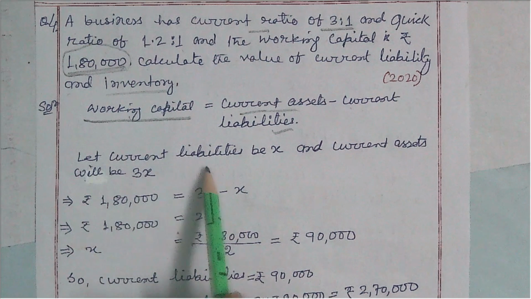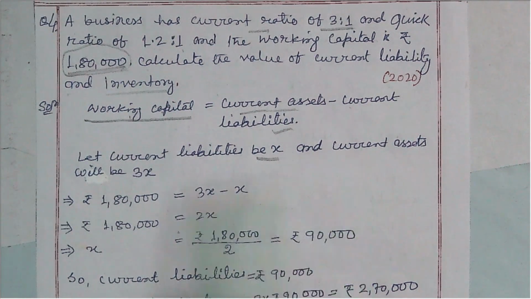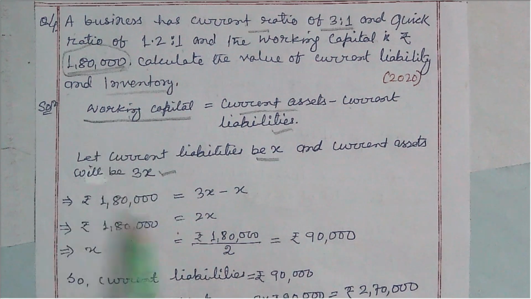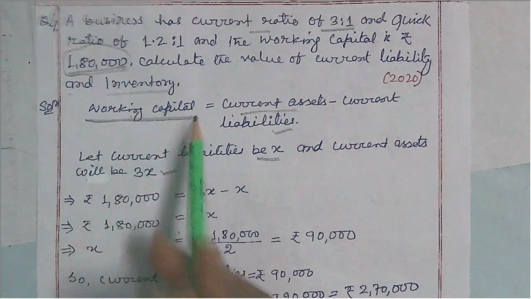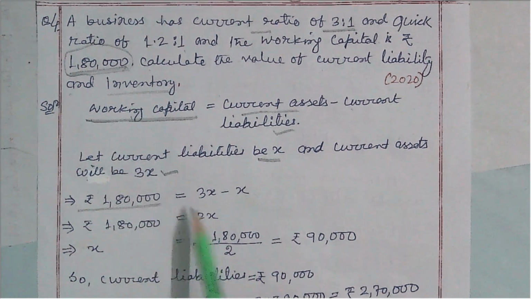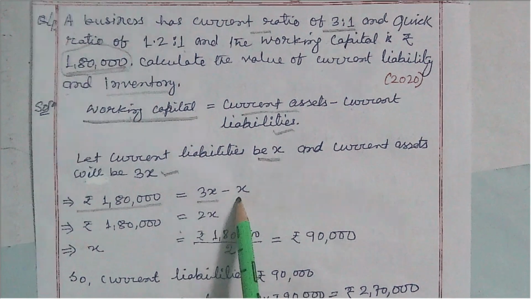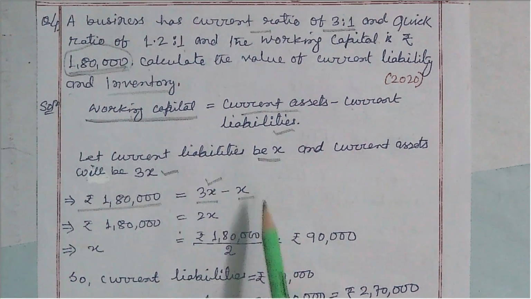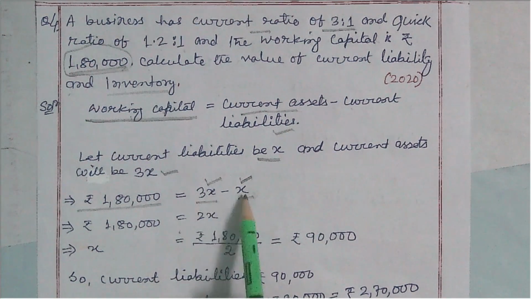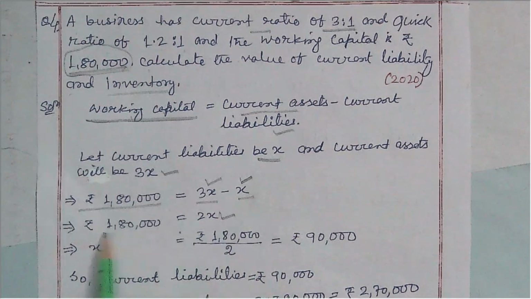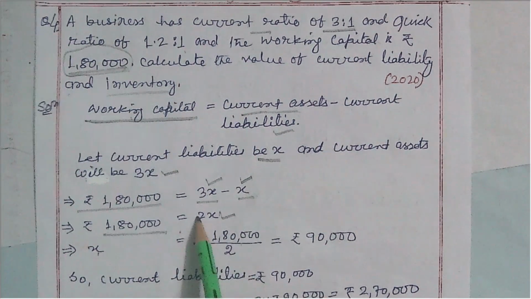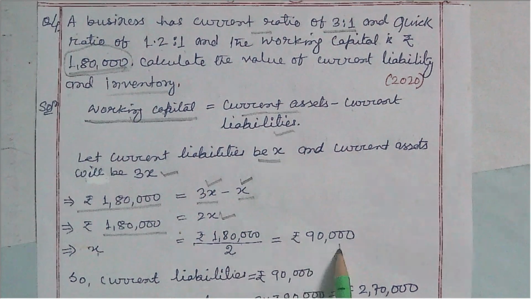Working capital is given as 1,80,000. So let current liabilities be x and current assets will be 3x. Putting the values in this formula, 1,80,000 equals 3x minus x, where 3x is current assets and x is current liabilities. So 3x minus x is 2x, which equals 1,80,000. So x is 1,80,000 divided by 2, which is 90,000.